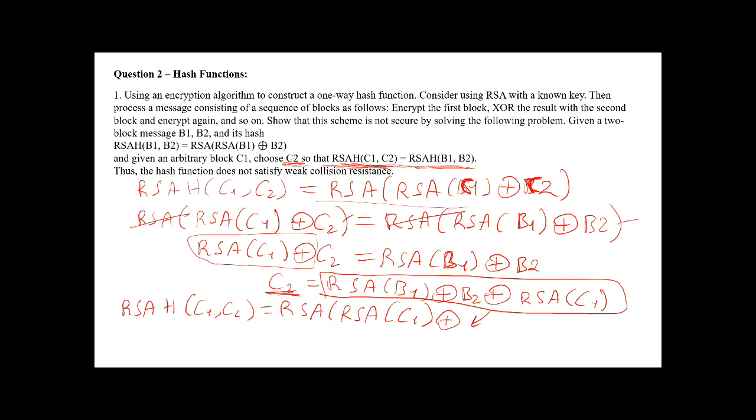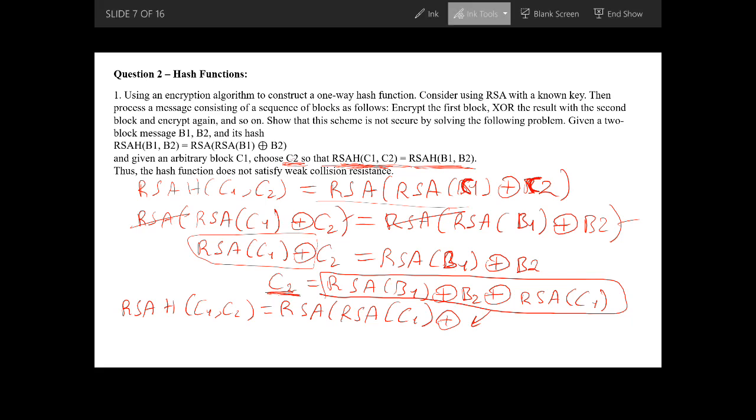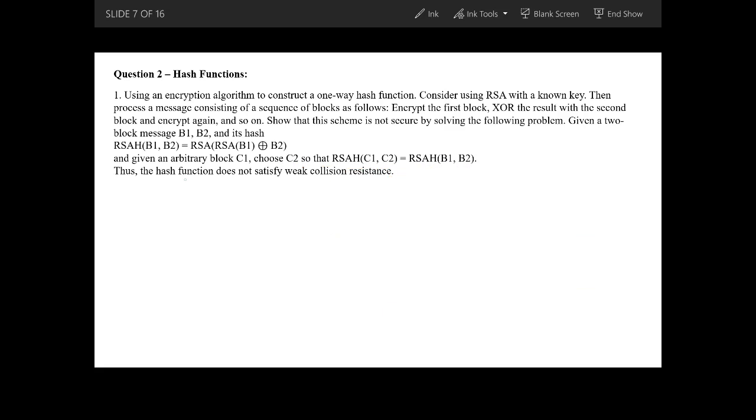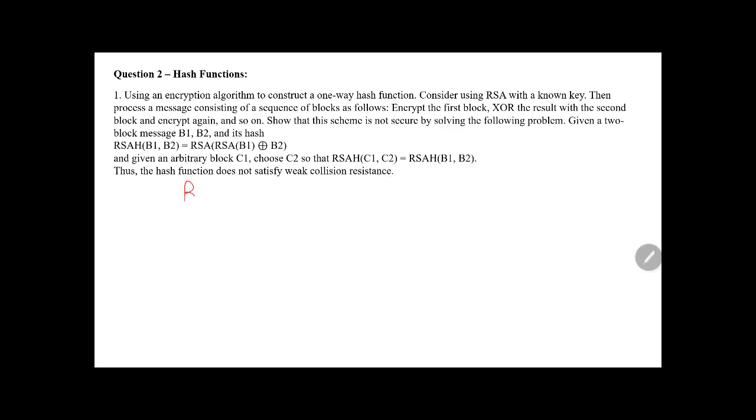Let's rewrite it in a better way so that we can see. I will just erase all. So it should be as follows. It should be RSA H C1 C2 equal to RSA of C1 XORed with RSA of C1.